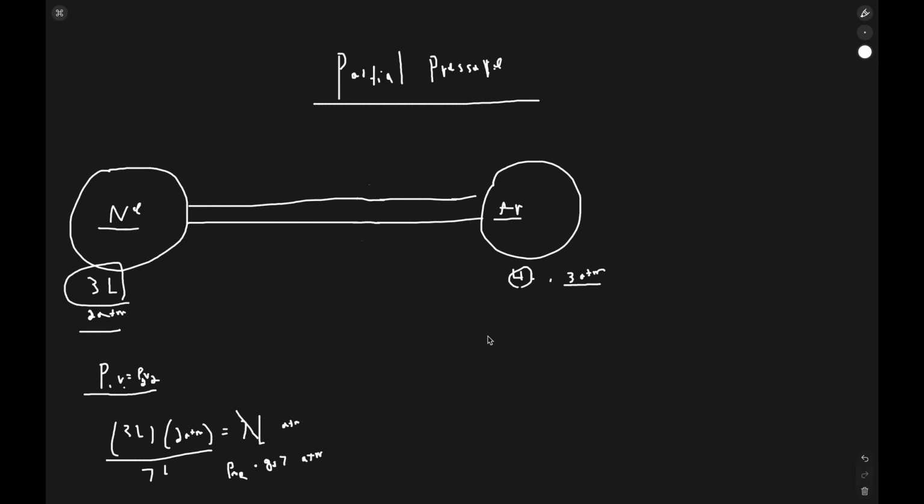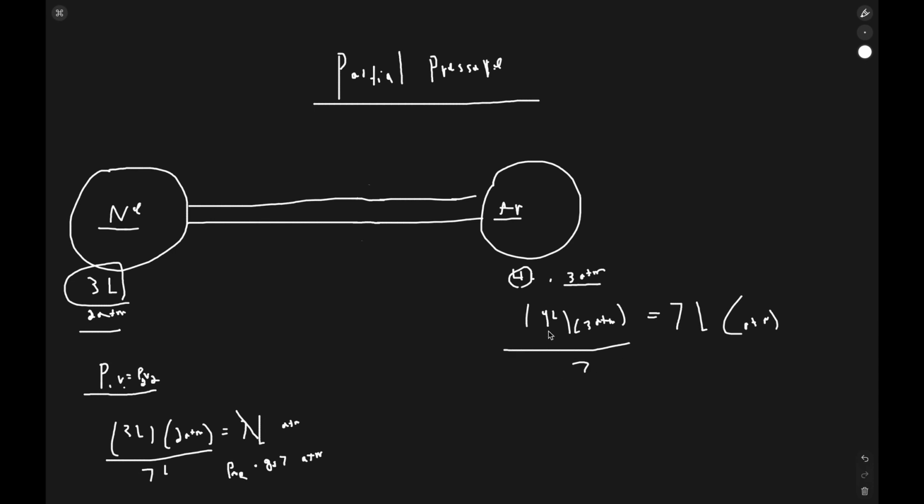What about argon? Well, same concept. So you have 4 liters times 3 atmosphere. That's your initial. And you have 7 liters combination, 4 plus 3 makes 7. Divide by 7 once again.